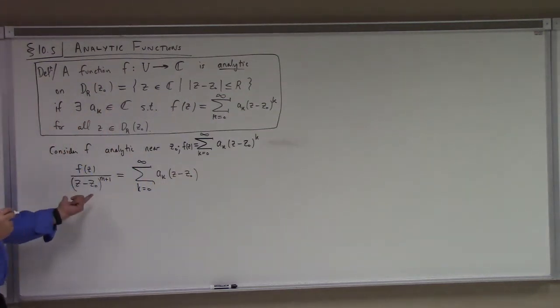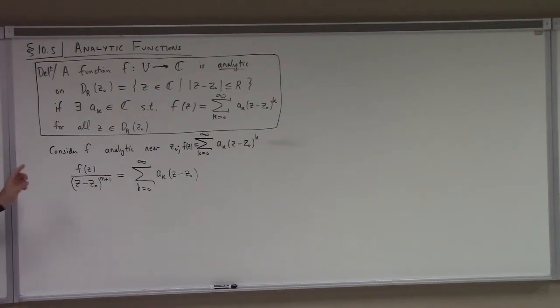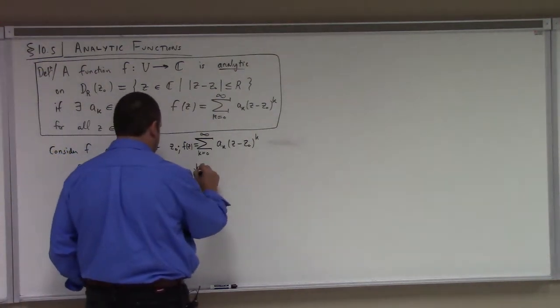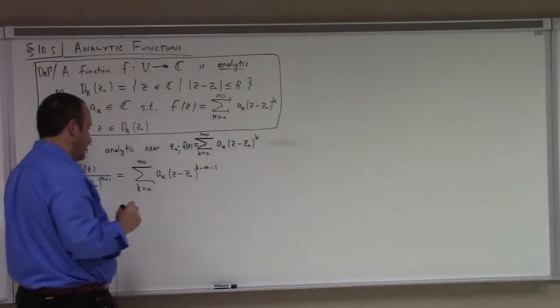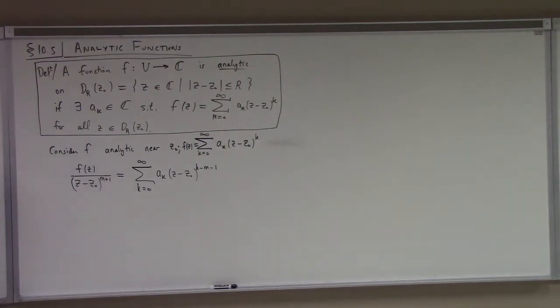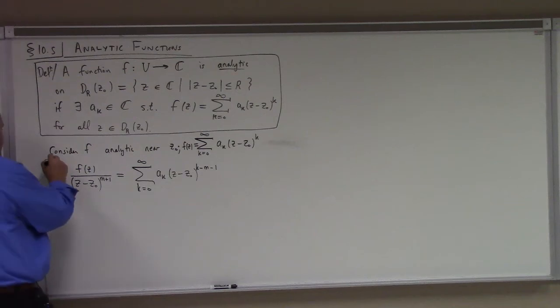If I'm dividing by the m plus 1 power, I subtract, right? We get k minus m minus 1. I suppose this is for z not equal to z naught, right?